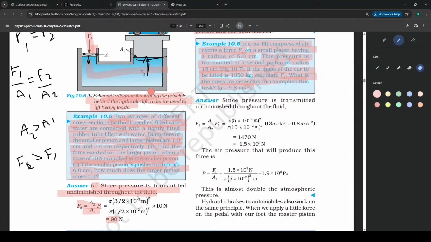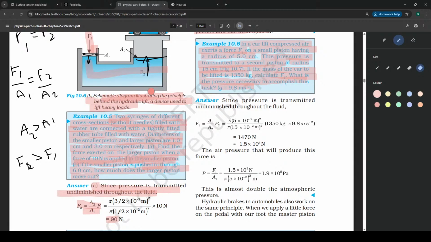This is transmitted to the second piston of radius 15 cm. The mass of the car to be lifted is 1350 kg, and now we need to calculate F1. How much force we need to apply to lift the car.